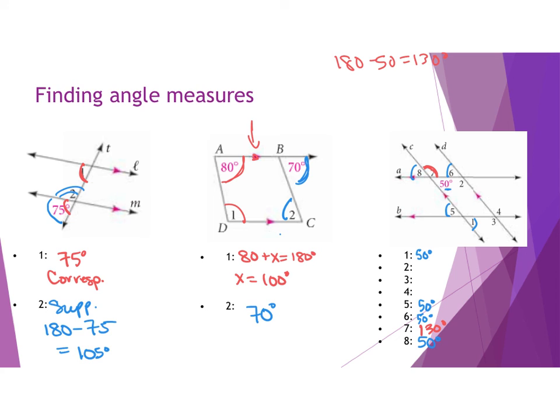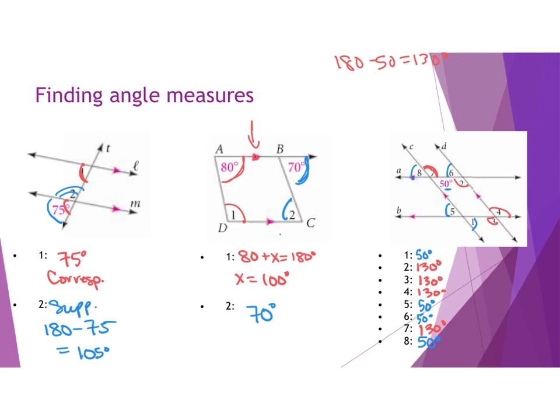And if 7 is 130, then I know that 2 is, because these are corresponding. And if 2 is 130, then 4 has to be, because these are alternate angles. So 4 is 130 degrees. And if 4 is 130 degrees, then so is 3, because 3 and 4 are vertical angles.